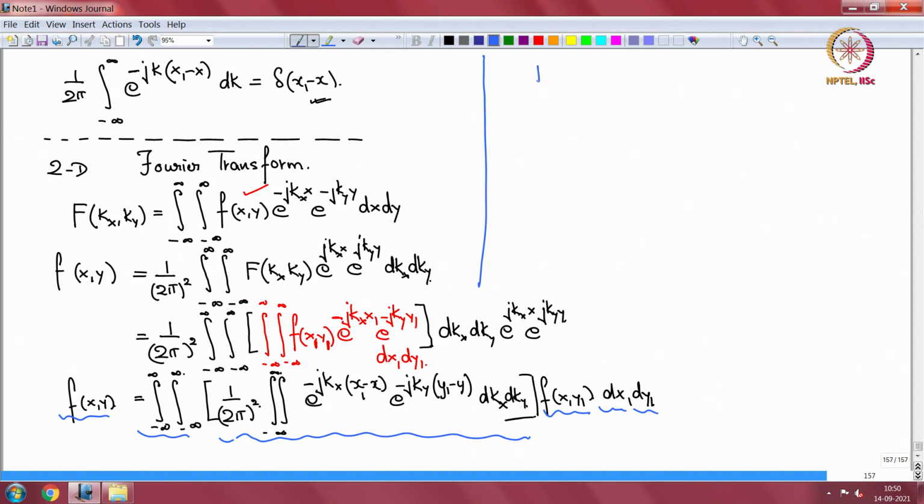What is inside here, 1 over twice pi whole squared, integral minus infinity to infinity of e to the power of minus j kx (x1 minus x) minus j ky (y1 minus y) dkx dky must be equal to delta of x1 minus x into delta of y1 minus y.